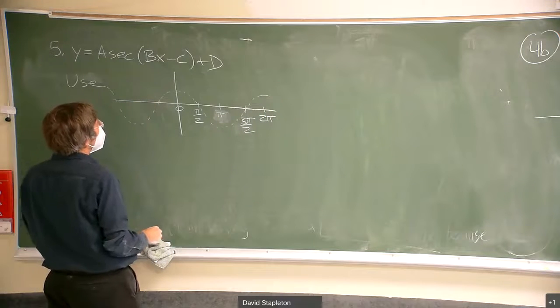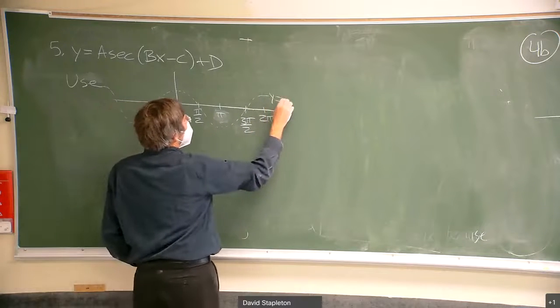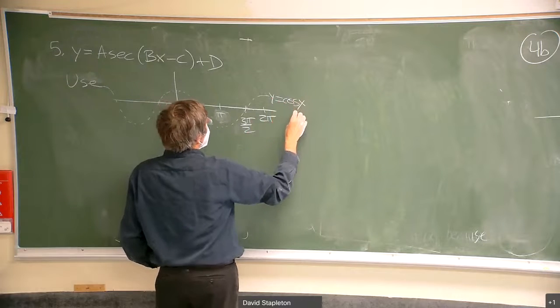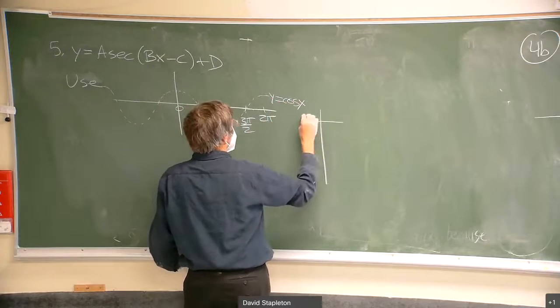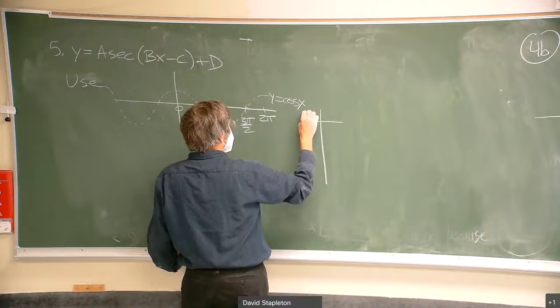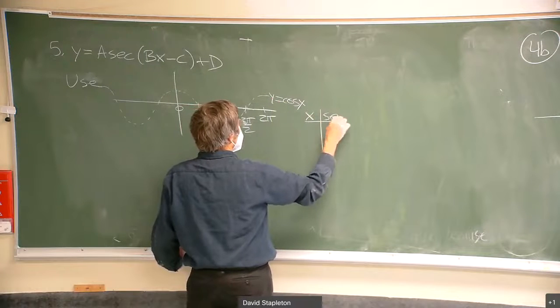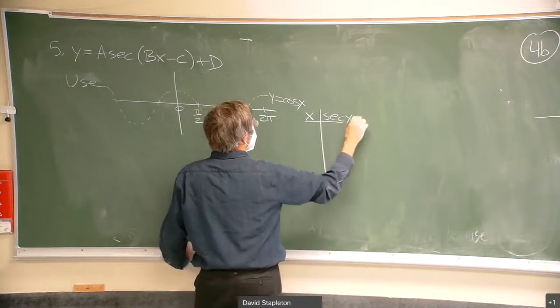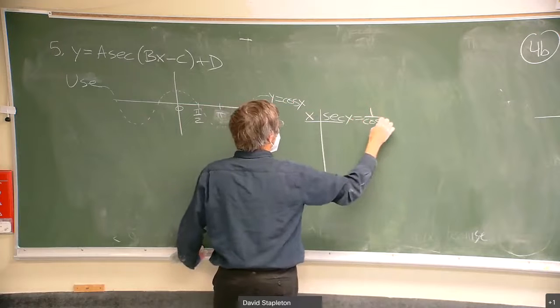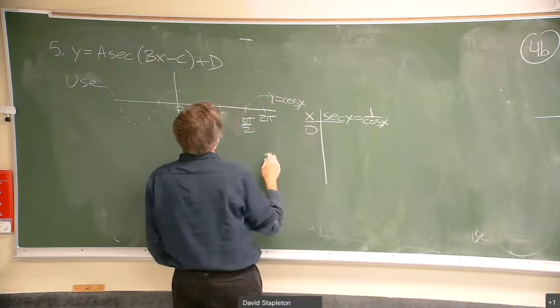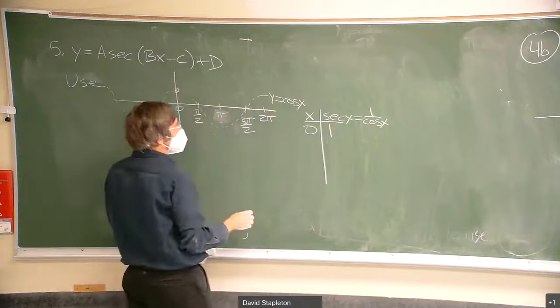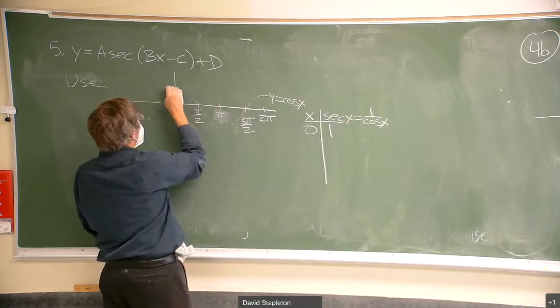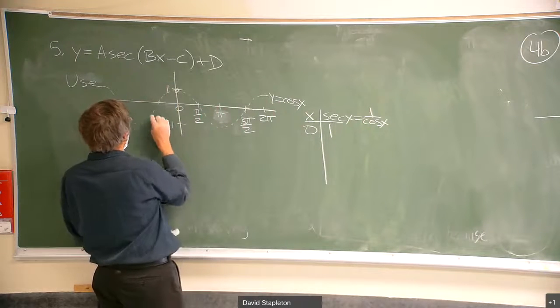And now you've got secant of x. We can think of this: secant of x is 1 over cosine. If x equals 0, maybe we remember that the cosine of 0 is 1, right? Here, 1, this would be minus 1.